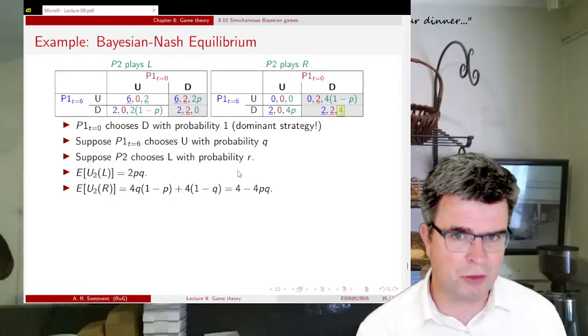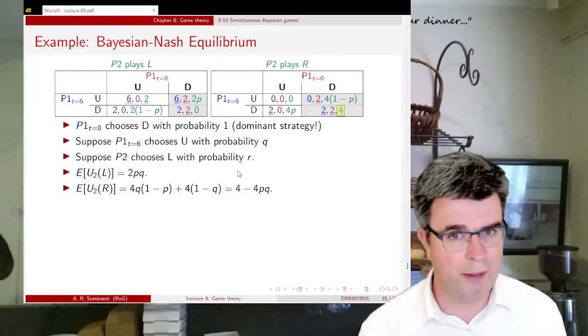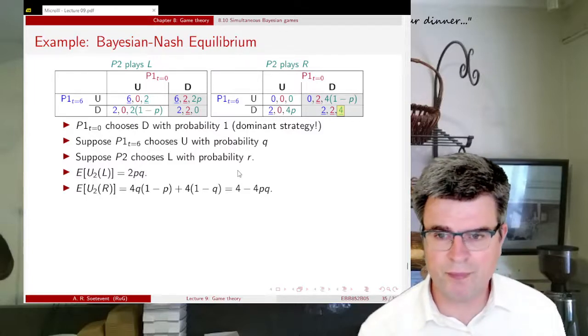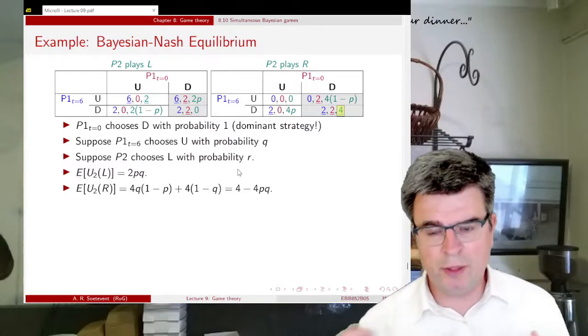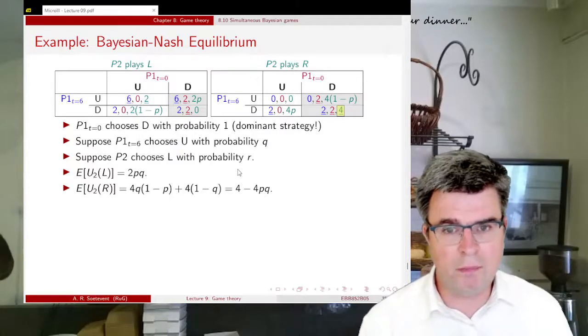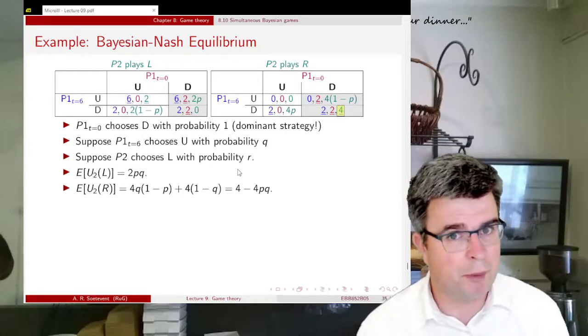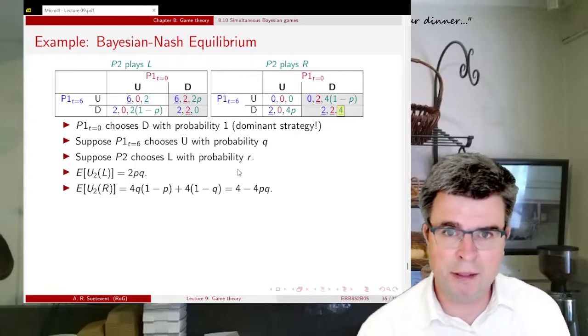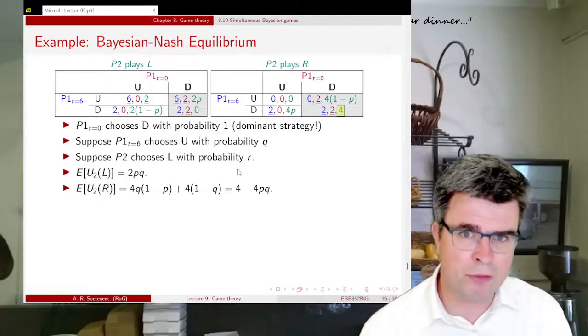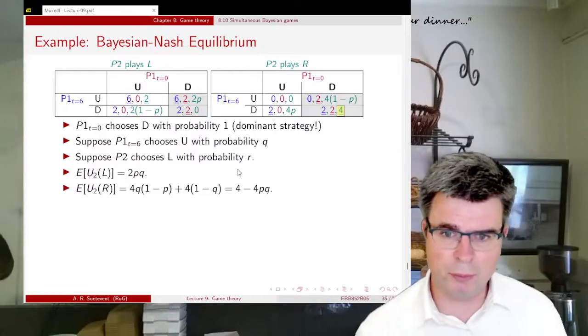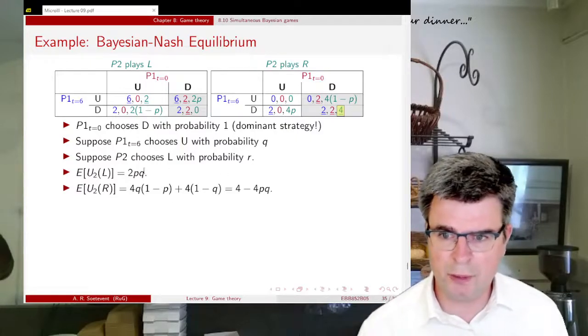And of course, it's our task to solve for p and q. Now going back, we know that if player 2 mixes in equilibrium between left and right, then the expected payoff of playing left must be equal to the expected payoff of playing right. So in other words, these two need to be identical.